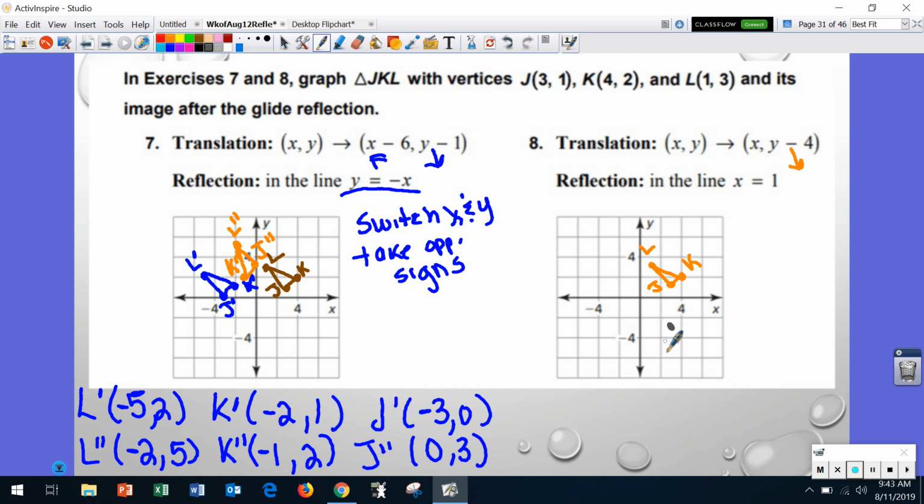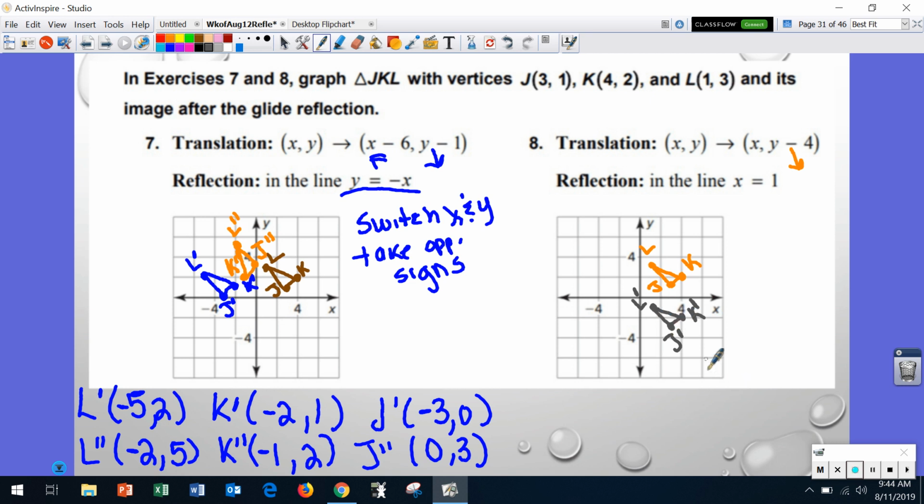So this is my J prime. 1, 2, 3, 4. This is my K prime, and then 1, 2, 3, and 4. And this is my L prime.